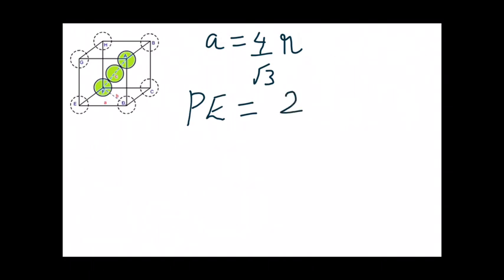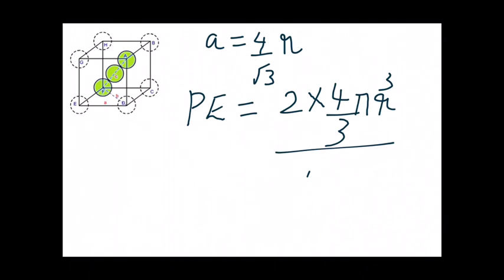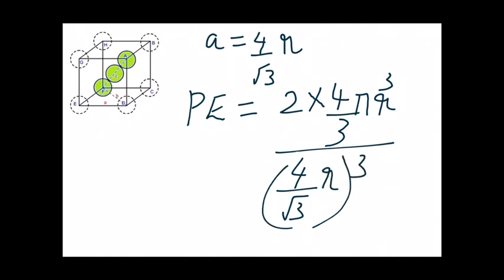So the effective number is 2 into volume of the sphere, which is 4 by 3 pi r cube, divided by A cube, the volume of the unit cell, but instead of A we are substituting 4 by root 3 r, the whole cube, into 100. So this is the equation. On substituting the value of pi and cancelling r cube from the numerator and denominator, you get the final value as 68%.